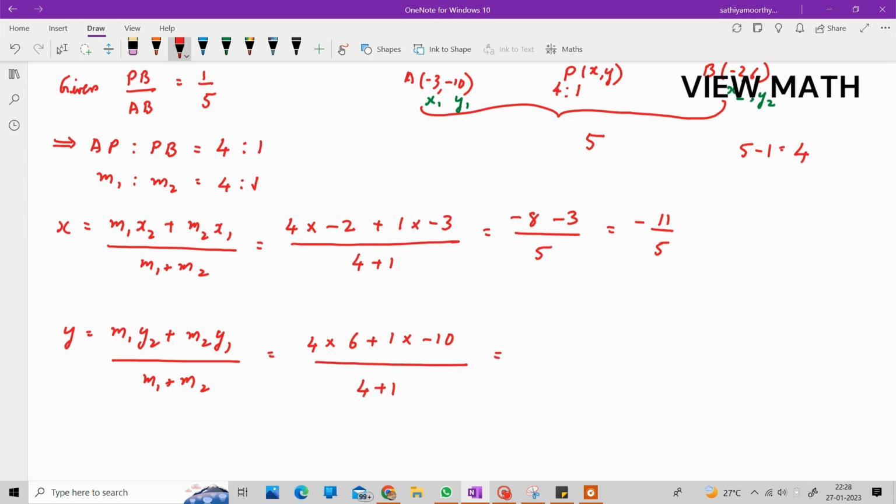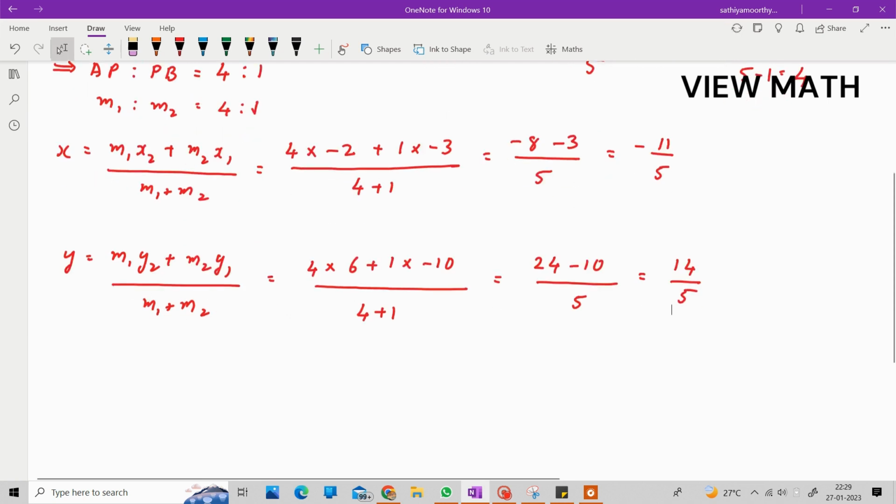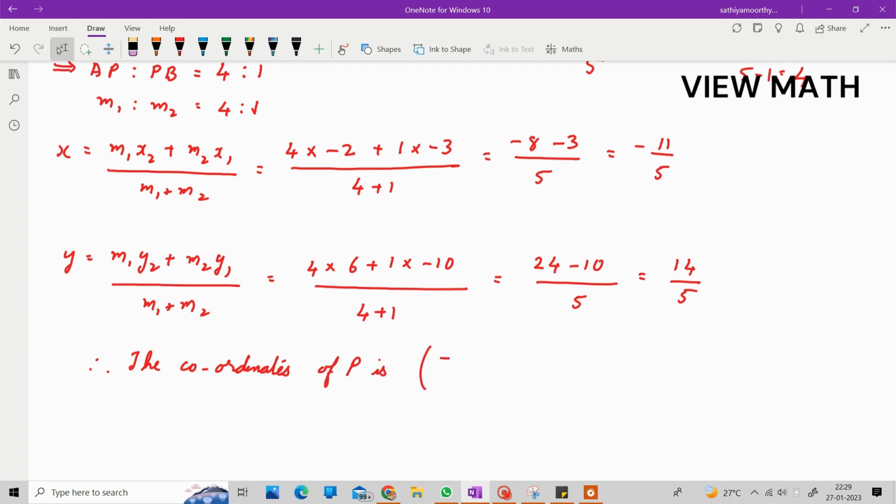This is equal to 24 minus 10 by 5, which is equal to 14 by 5. Therefore, the coordinates of P are x value minus 11 by 5 and y value 14 by 5.